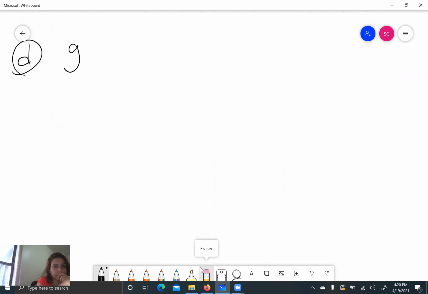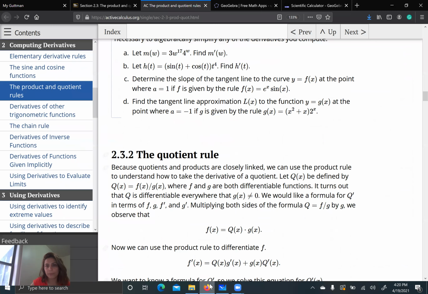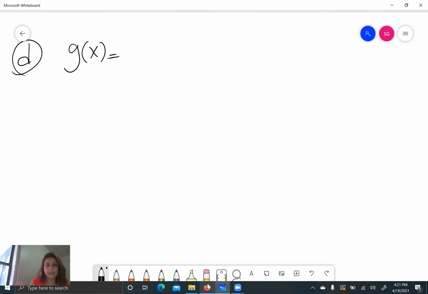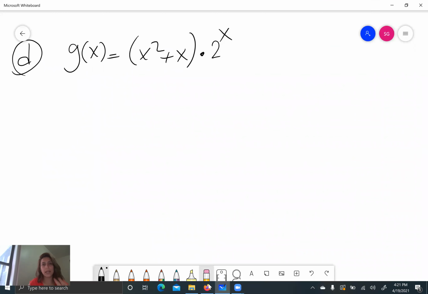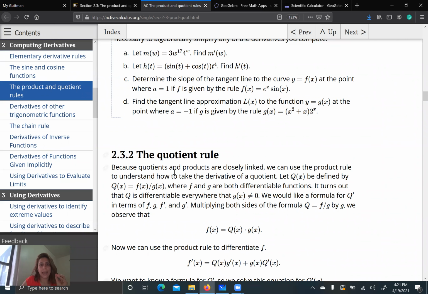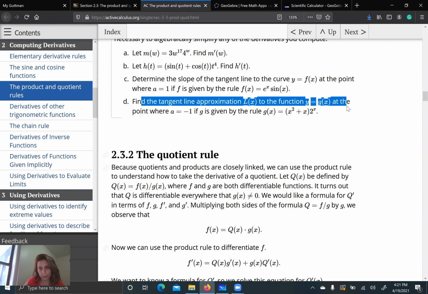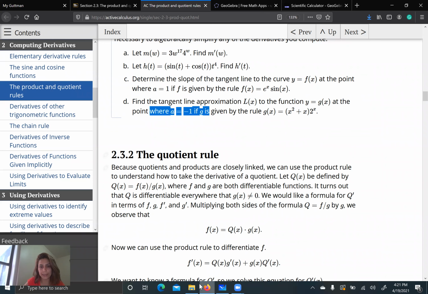The function g has this formula: g of x equals x squared plus x, and then the whole thing is multiplied by 2 to the x. So x squared plus x times 2 to the x. Okay, so that's function g. The question is, find the tangent line to the graph of this function at -1.